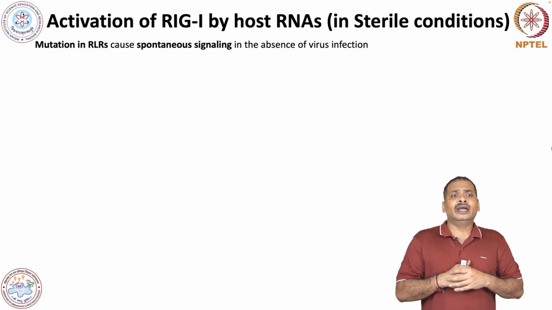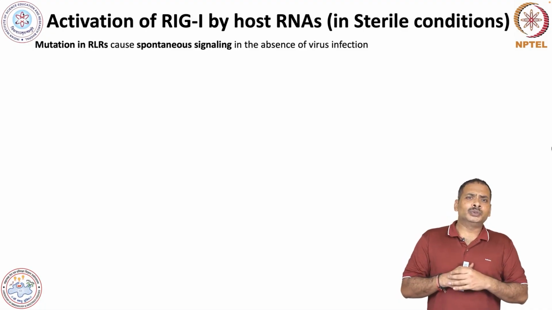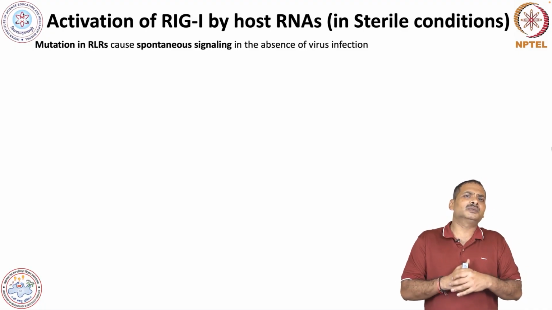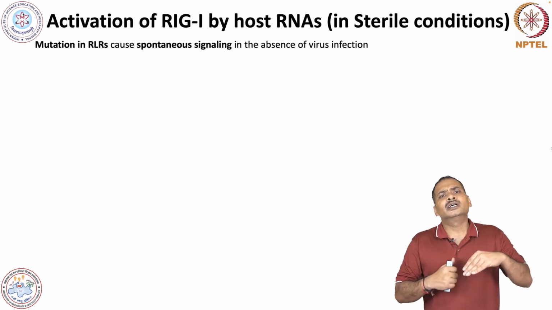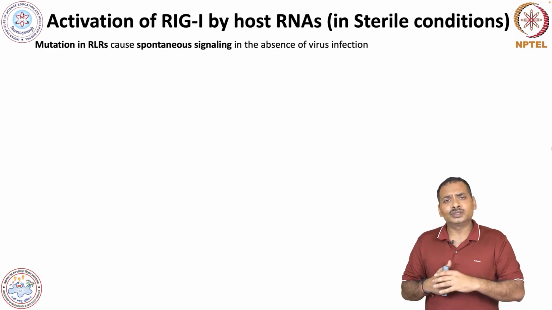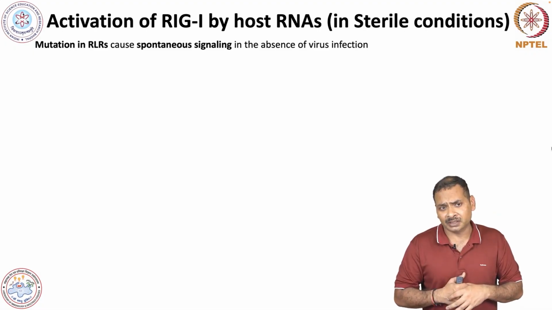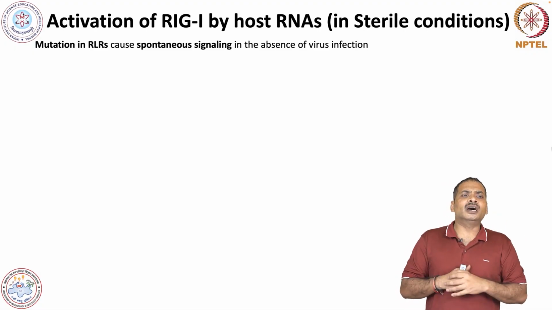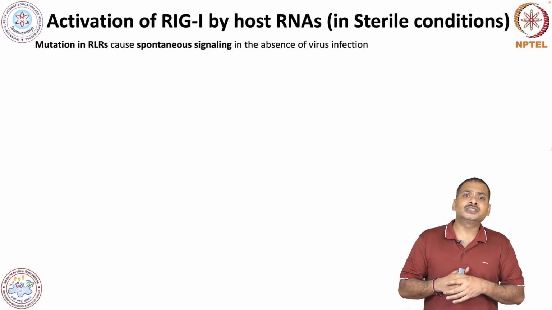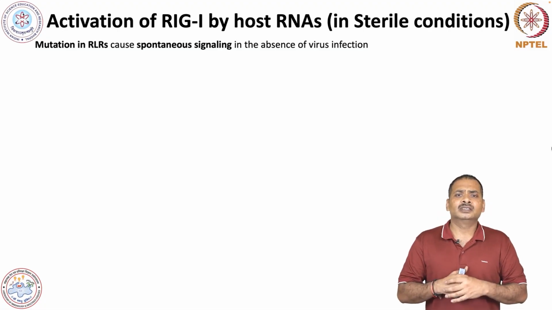This is quite obvious and common, that there must be some individuals having a mutation in members of the RLR proteins. Mutation in RLR causes spontaneous signaling in the absence of any virus infection.